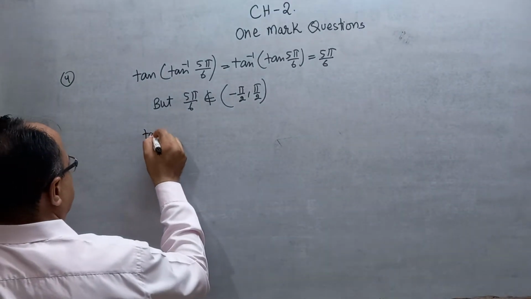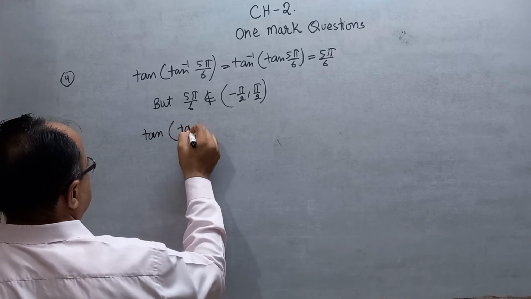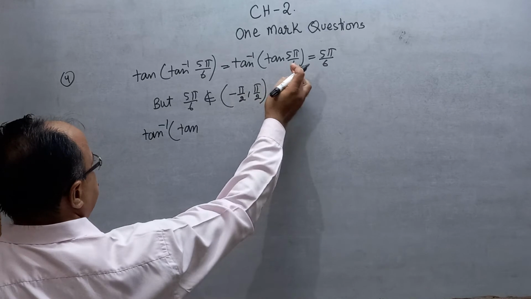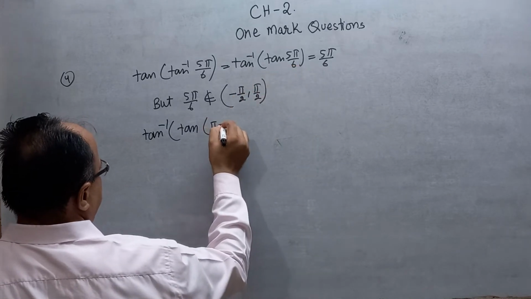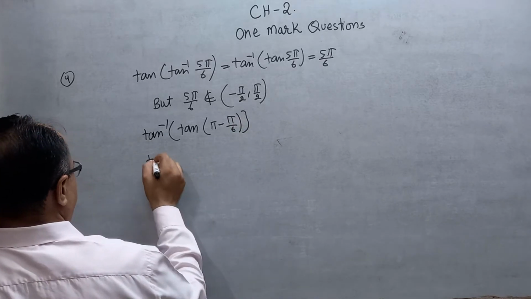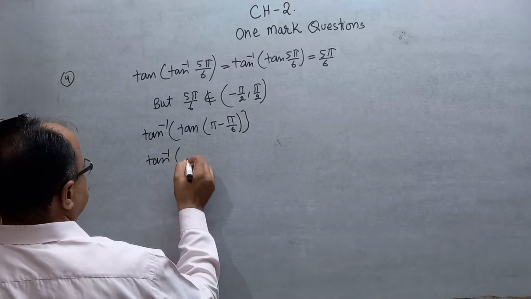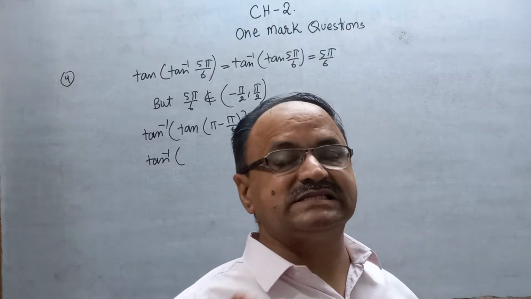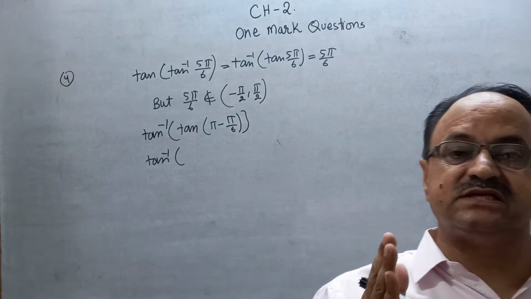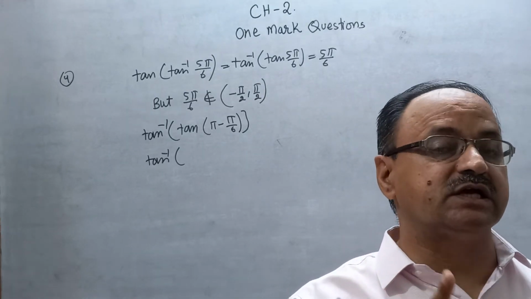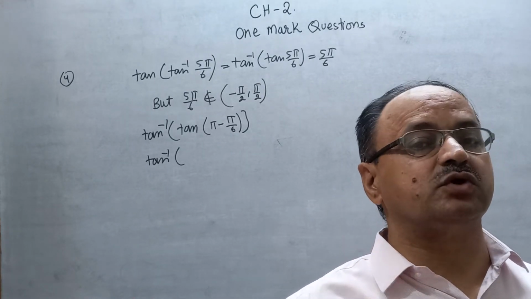Therefore, you can write tan inverse, in place of 5 pi by 6, pi minus pi by 6. Okay, tan pi minus theta formula. It means the angle is in the second quadrant. In the second quadrant, tan is negative. It is the case of 180, therefore, tan does not change.